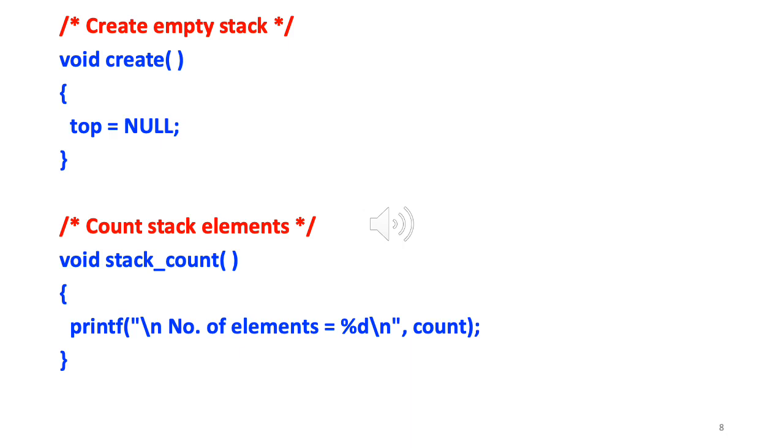Okay, so we are now on slide number 8. So here we start discussing the functions one by one. Okay. So first is create, void create an empty stack, and as we had discussed, all this does is sets the top as null. So we know that the top is of data type struct node star, right?